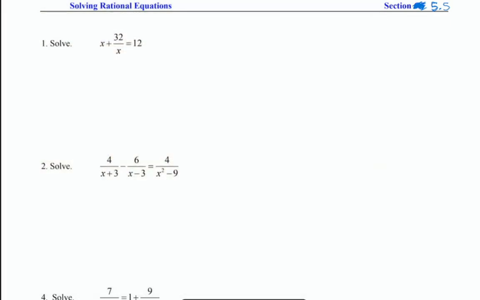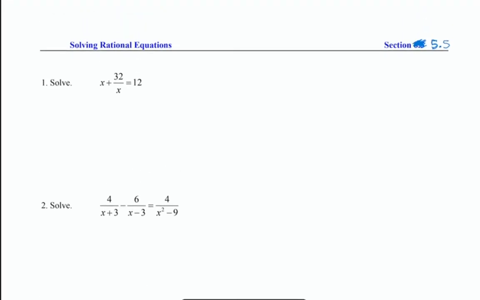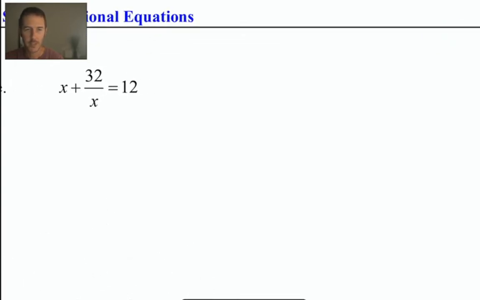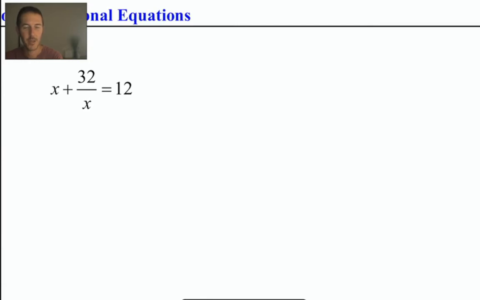This first fraction is a good example because the denominator is not very complicated. The common denominator here is pretty clearly x. And so I'm going to do exactly what I told you I'm going to do, which is multiply the entire equation by the lowest common denominator, x.